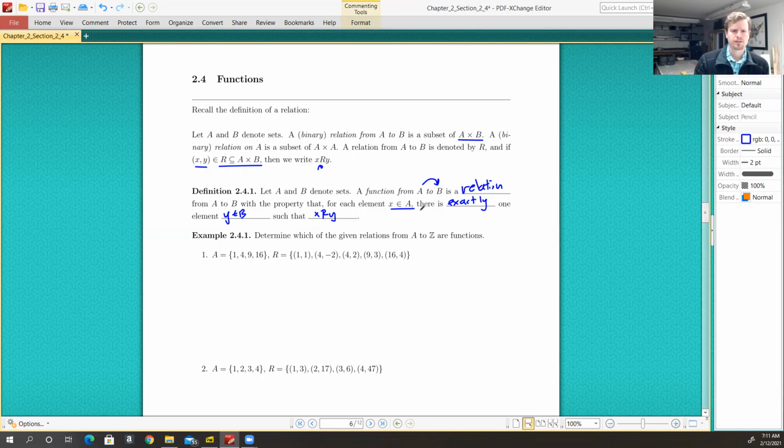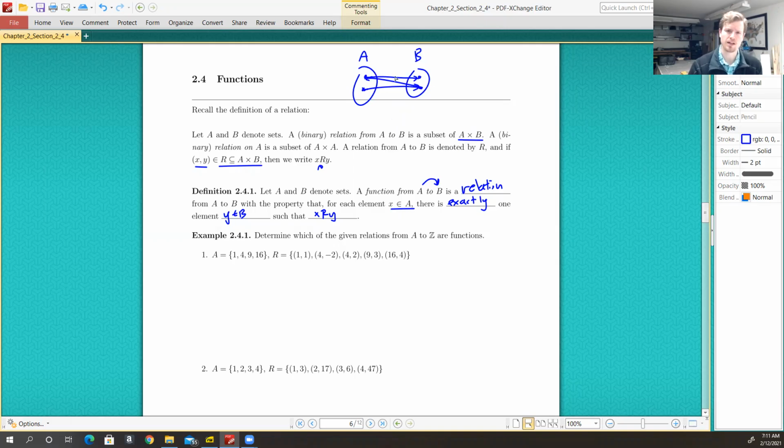All right. So again, exactly one element y in B such that x is related to y. Essentially we have the set A and the set B, and each individual element in A is just being sent to one element in B. Okay, so this is the idea. And if we had this, then we would no longer have a function.